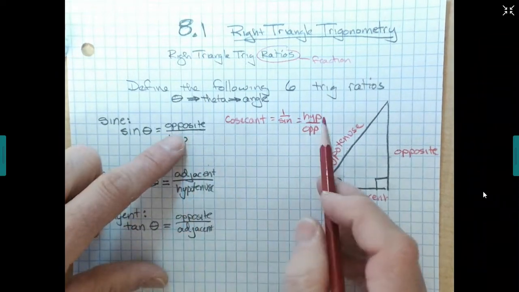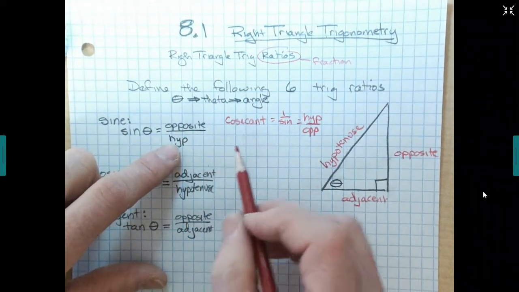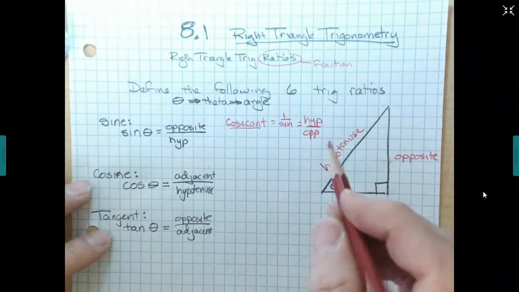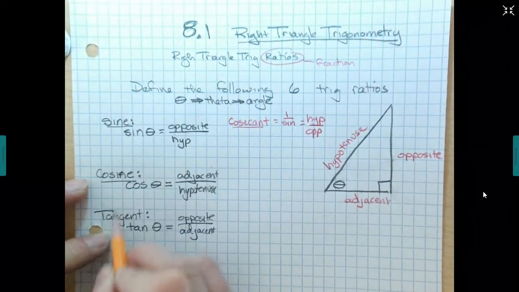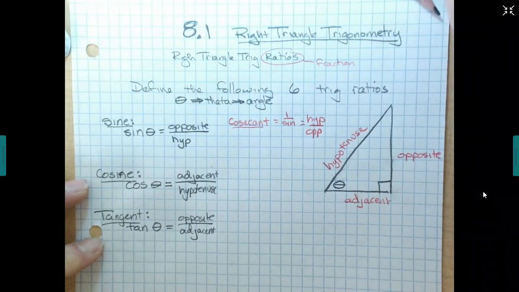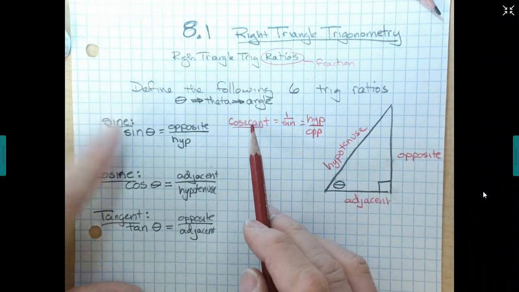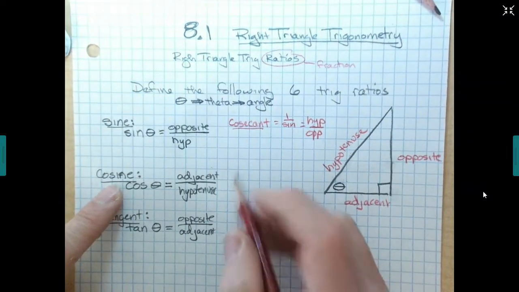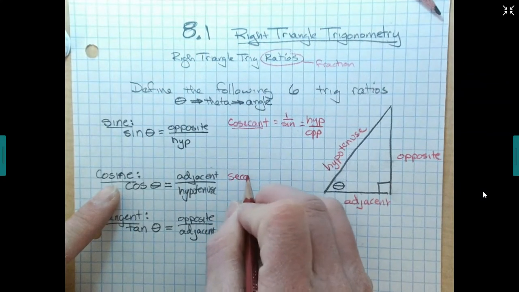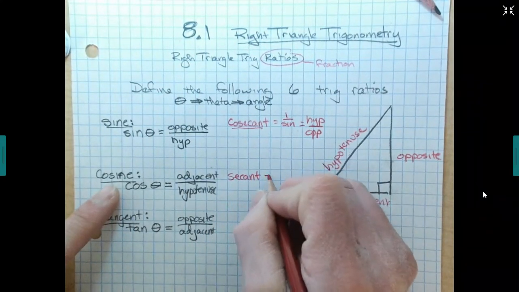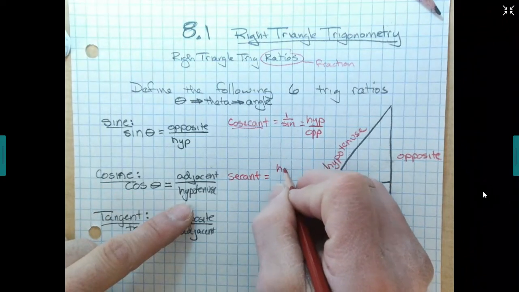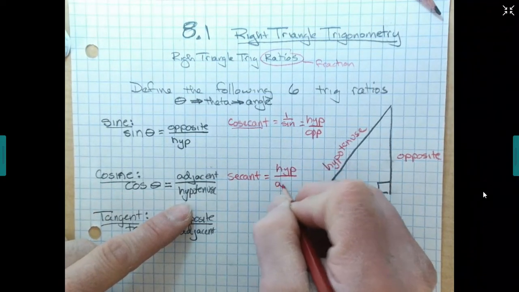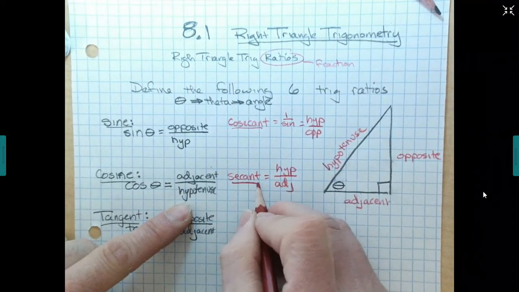So it's just flipped. Cosecant is hypotenuse over opposite, and sine is opposite over hypotenuse. So this is the opposite of this. And for cosine, the opposite is secant, which I could say is 1 over cosine, or we could just write it as hypotenuse over adjacent.